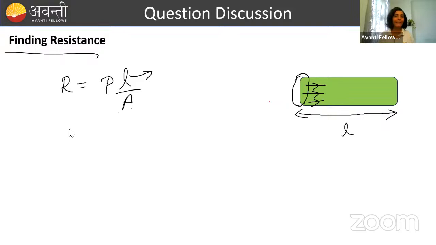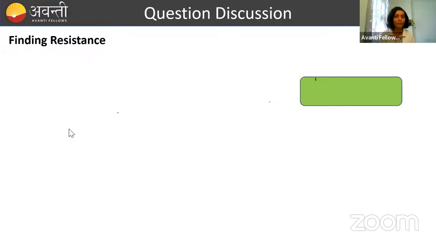ठीक है? Second case, suppose कर लो, I am telling you that current is flowing in this direction. When current flows like this, when potential difference is maintained along these two circles, right? Then what length is current flowing along? Along this length.